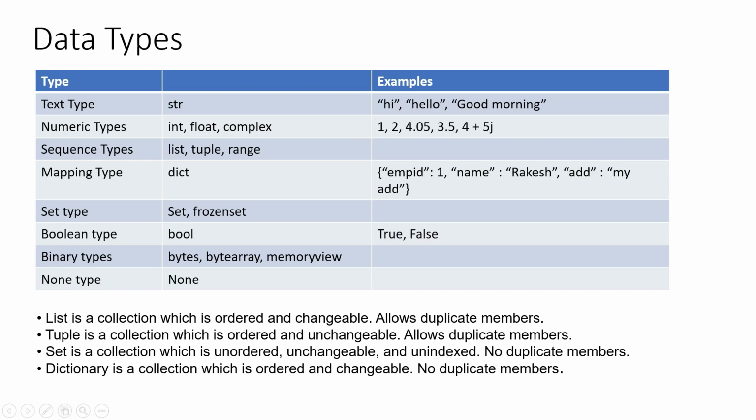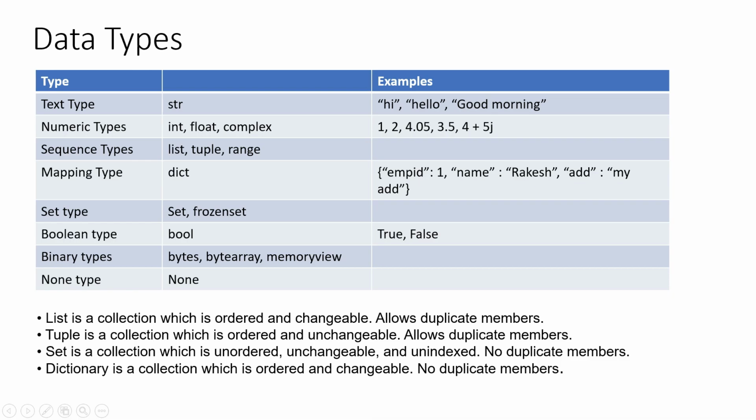So in Python, we have this many data types. First is string, str. Whenever you put anything in double quotes, be it alphabets or numbers or anything, it is treated as a string.